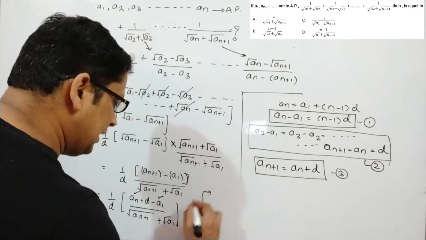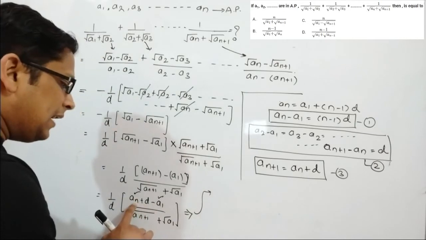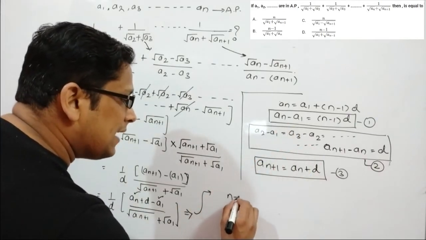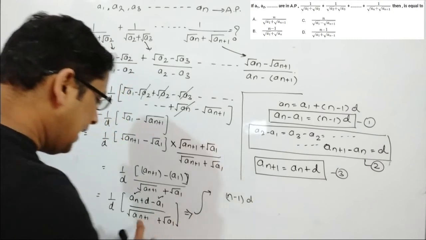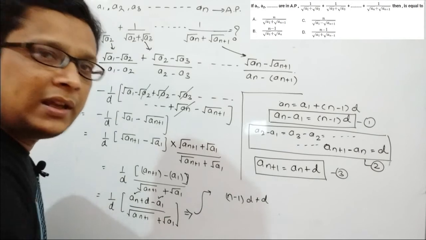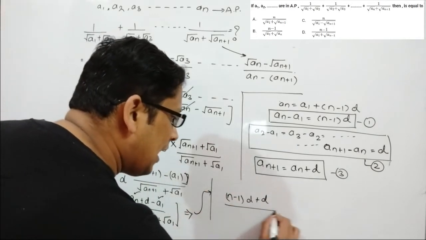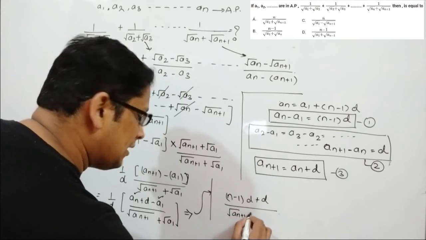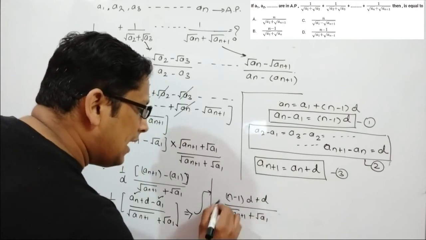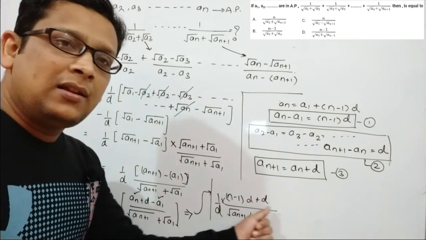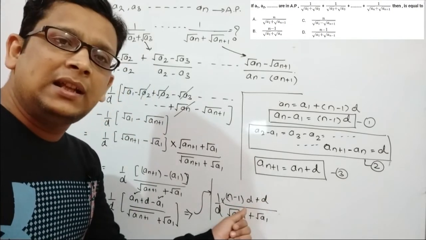This can be written as this, an minus a1 can be written as simply (n minus 1) into d, and simply this d will be there, so plus d will be over here, and see, we have the denominator, that is √(an+1) plus √a1, and this is going to be multiplied by d. Then see, this d is in both the terms, so we are just taking d as the common part.